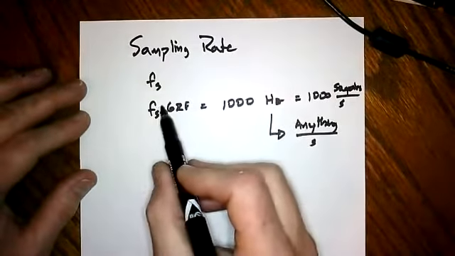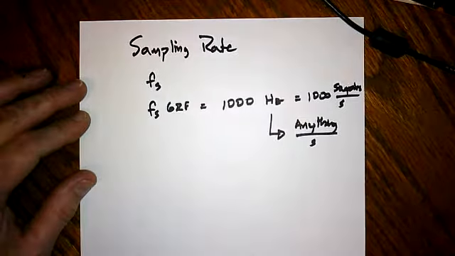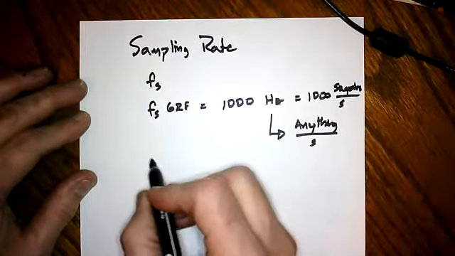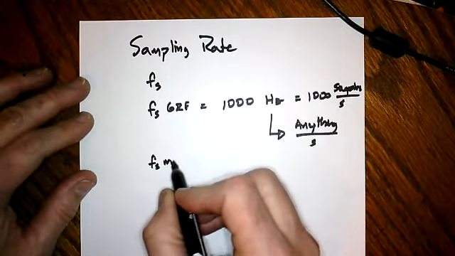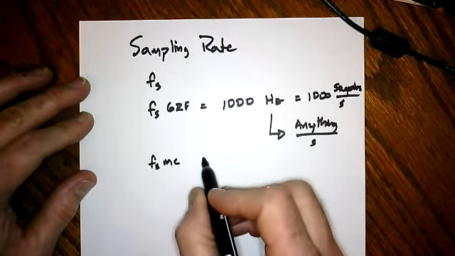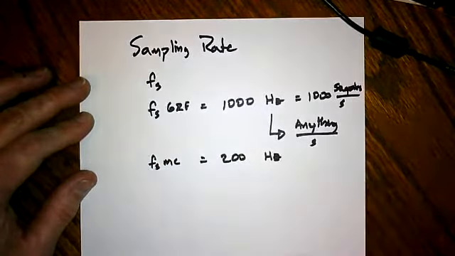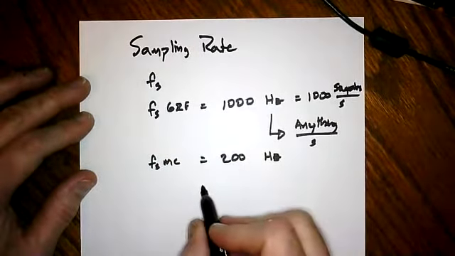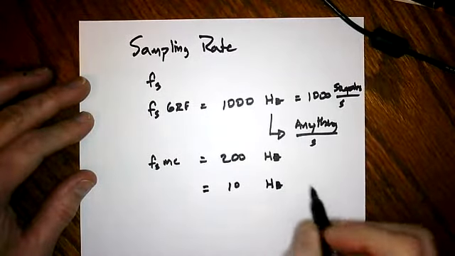All right, so sometimes we have instruments that are set to a high sample rate, like 1,000 hertz, or maybe we have motion capture. I'll just use MC for mocap. Maybe we set that to 200 hertz, 200 frames per second. Or maybe we have some other instrument that only samples 10 hertz, 10 samples per second.